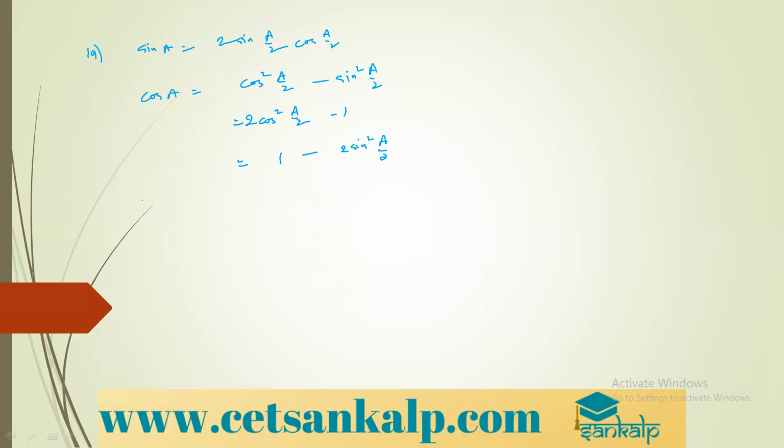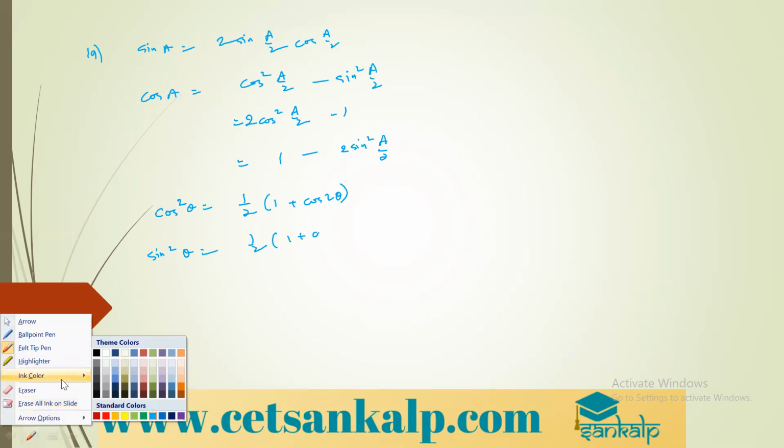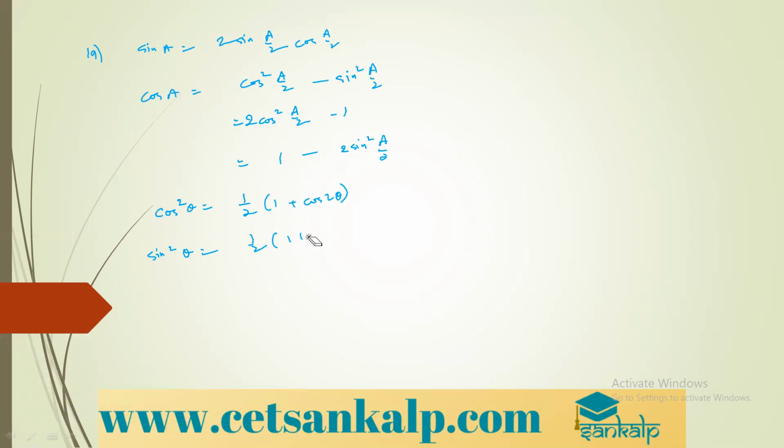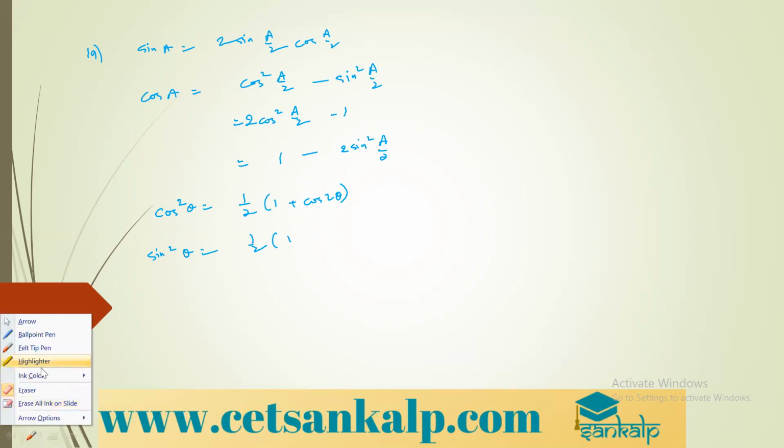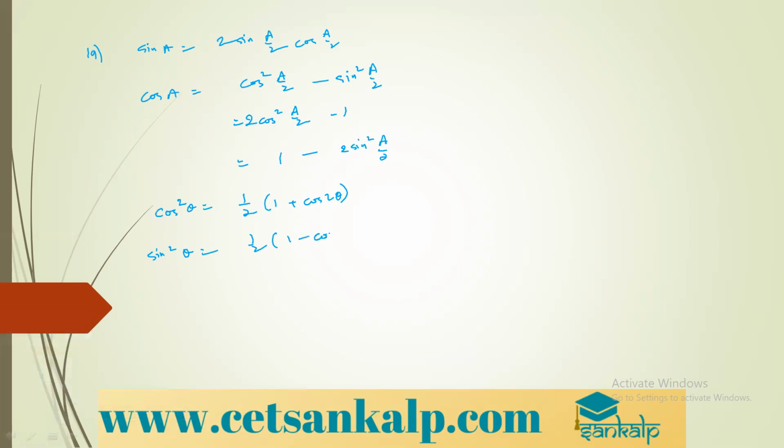Again, on rearranging, you will get cos square theta is 1/2 into (1 plus cos 2 theta), and sin square theta is 1/2 into (1 minus cos 2 theta).